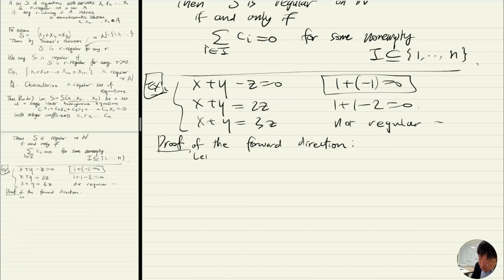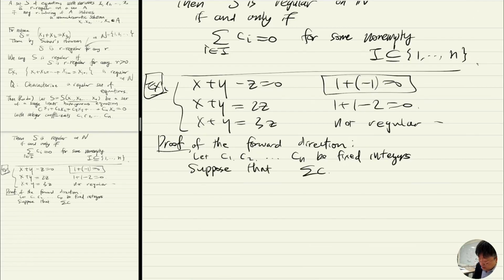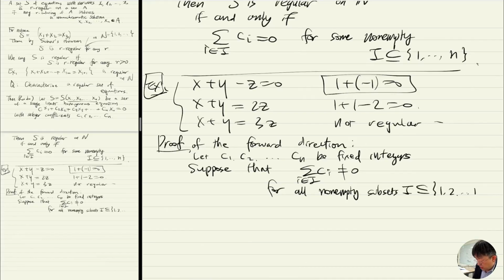Okay, so let c1, c2, up to cn be fixed integers, and suppose that the partial sum is always non-zero for all non-empty subsets I of 1 up to n.